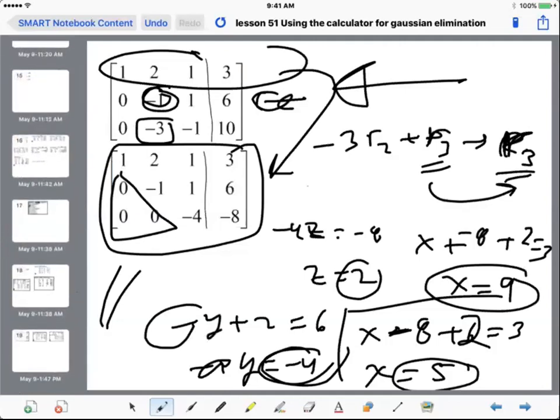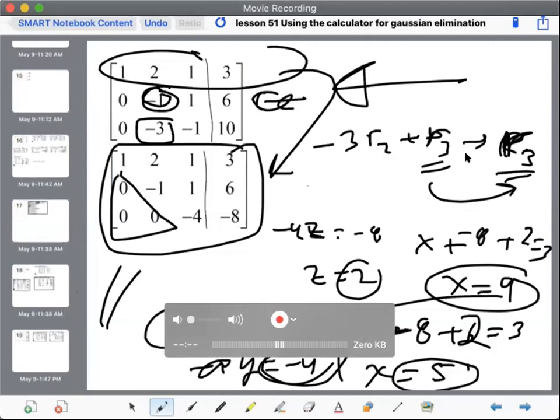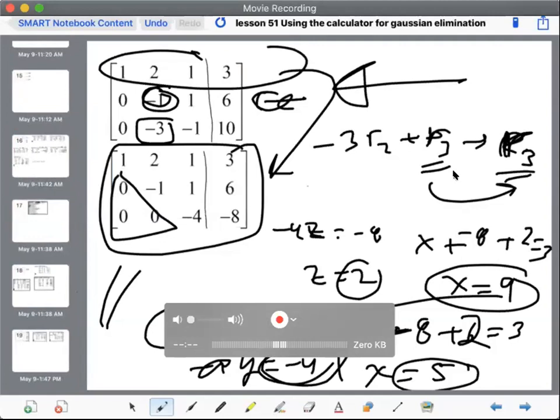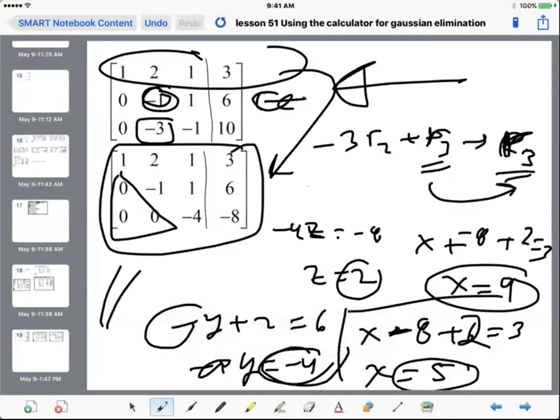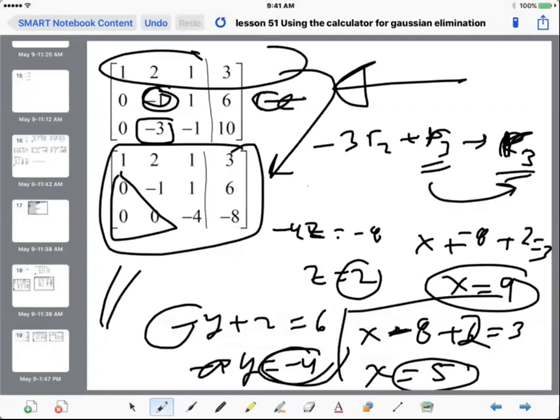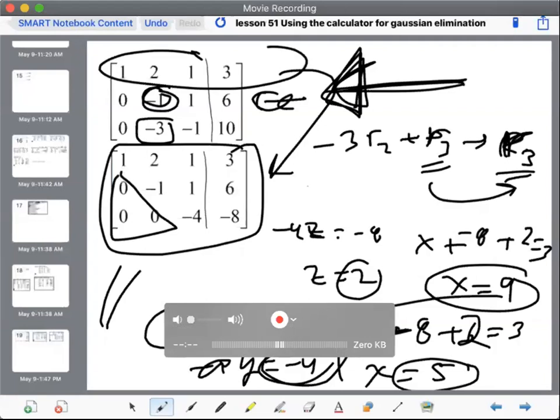Some textbooks in this linear algebra course don't introduce this application of matrices until like 200 pages into the book, because there's a lot of theory needed to prove what's really going on. For now, it's just a shorthand, but over the next couple of weeks we will learn a lot about matrices and come back to this application and see what's really going on with row swaps and things like that. Okay, so that's today's lesson. Let me pause or stop the recording.